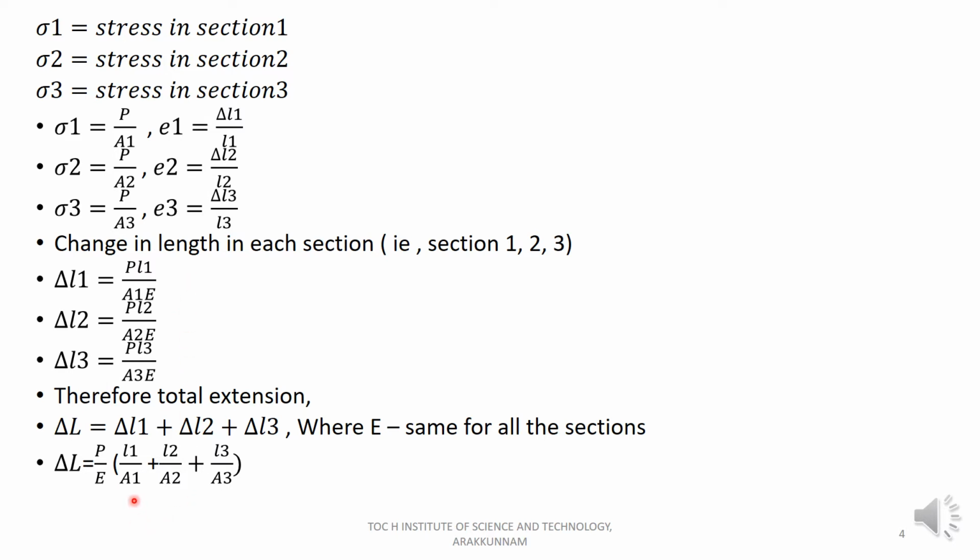The final expression will be P by E into L1 by A1 plus L2 by A2 plus L3 by A3, where Young's modulus is the same for all the sections.